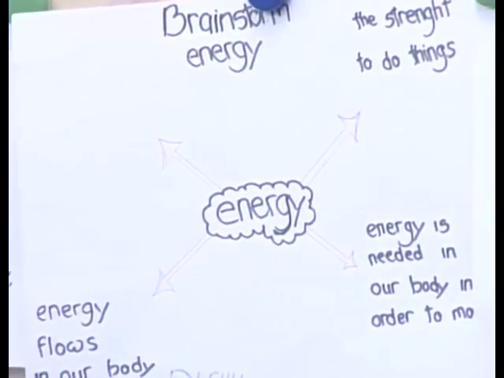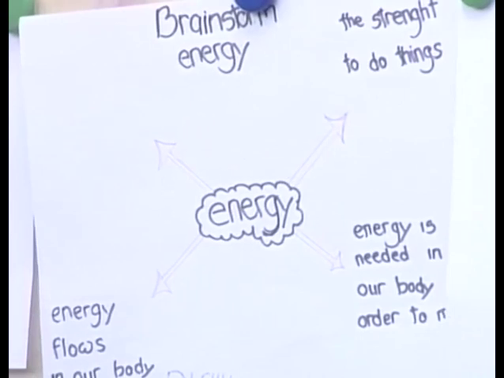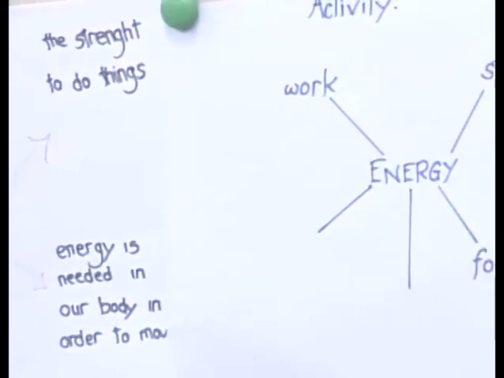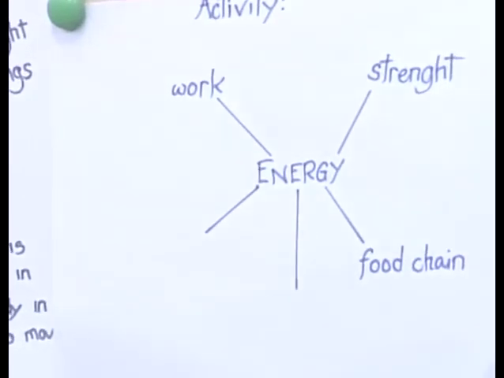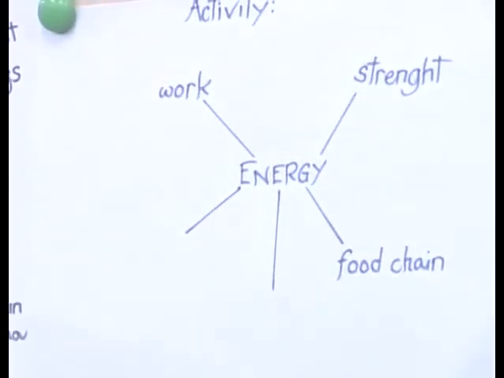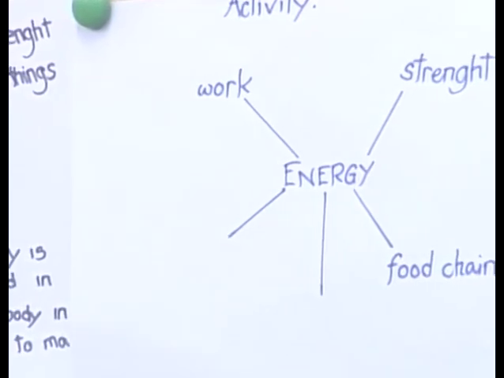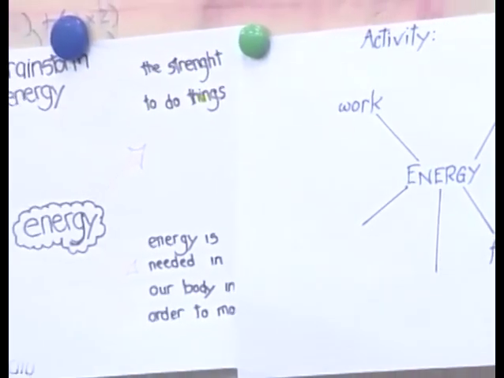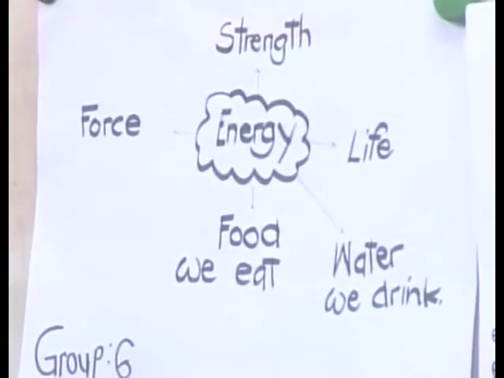I'd like you in class to see if there are some common words used in all of the groups' work, and try to see if you can find some different words being used to describe energy or your ideas put together to see what energy is. Find some interesting words that you can see from each other's displays.